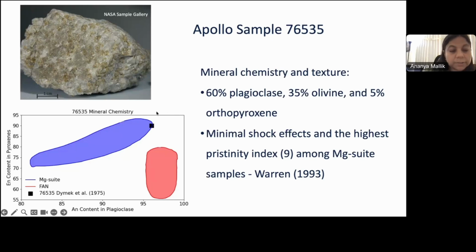If you look at the chemistry of the sample overall, this figure shows the anorthite content in plagioclase versus the enstatite content, the Mg number, in the pyroxenes. This red field is where we expect the ferroan anorthositic crust to be, and this blue field is where we expect the Mg suite to be. And this square right here is where this particular sample lies.